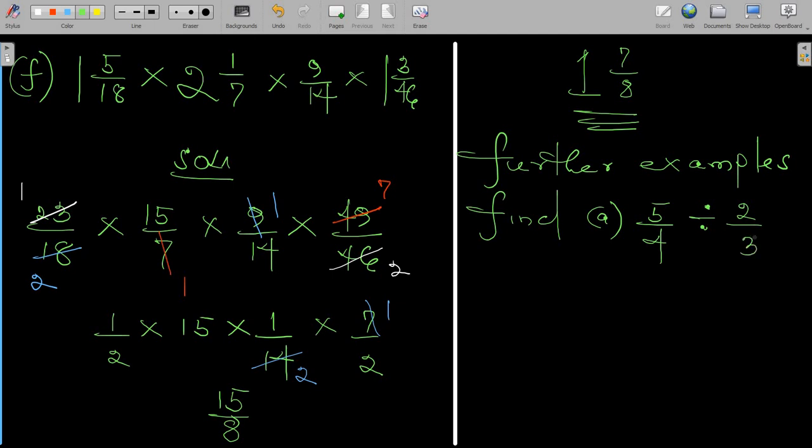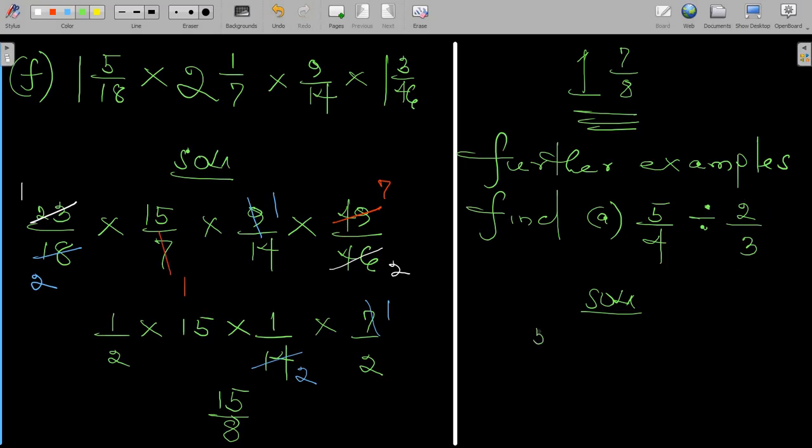So this time around, anytime you want to change your division symbol to multiplication, then you must change the position of this. You must change the position. So you flip. The 3 must come up and the 2 must come down. You flip it.